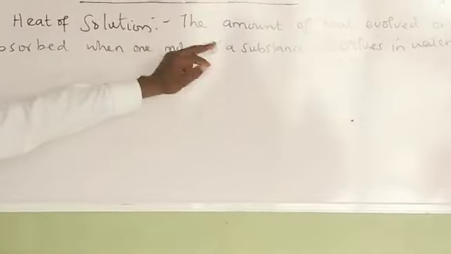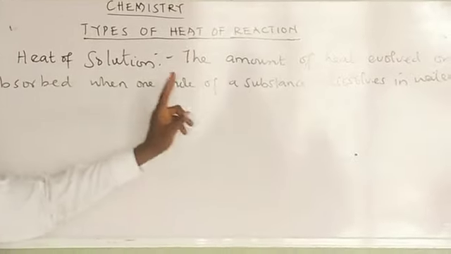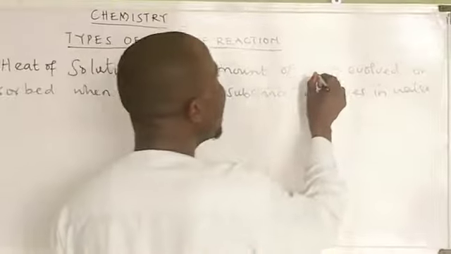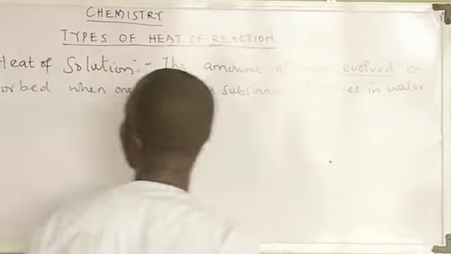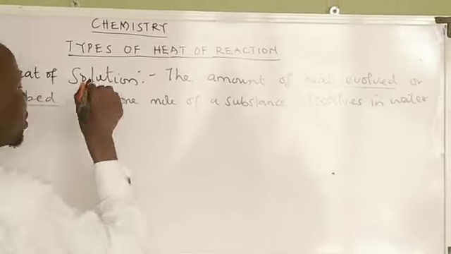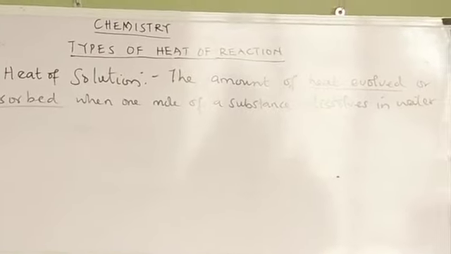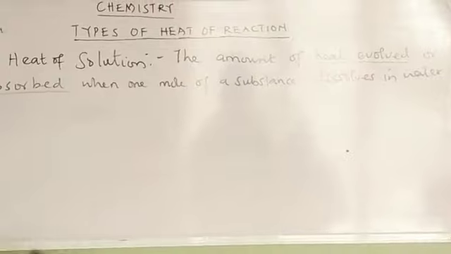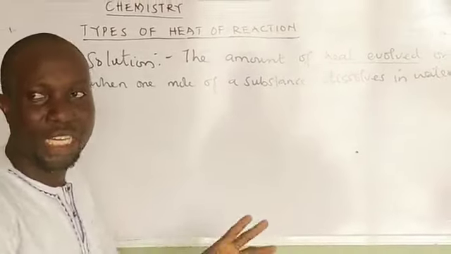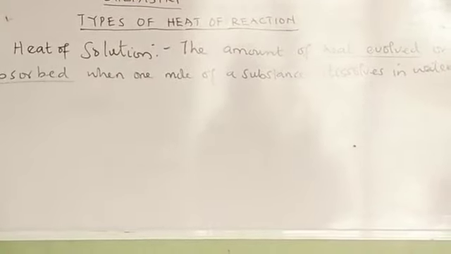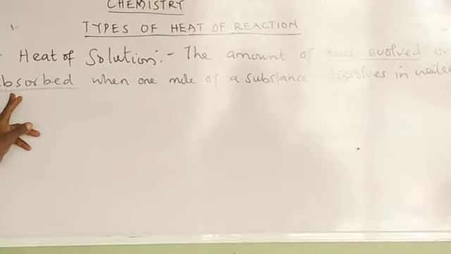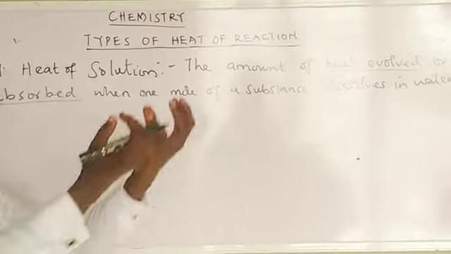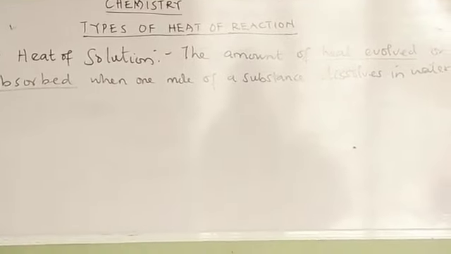If you look at this definition compared to the earlier definition I gave under heat of neutralization, you can see I mentioned heat evolved or absorbed, meaning that there are some substances that when you dissolve them in water, they will evolve it, they will lose it to the surrounding. And there are some substances that when you dissolve them in water, they will absorb it from the surrounding.